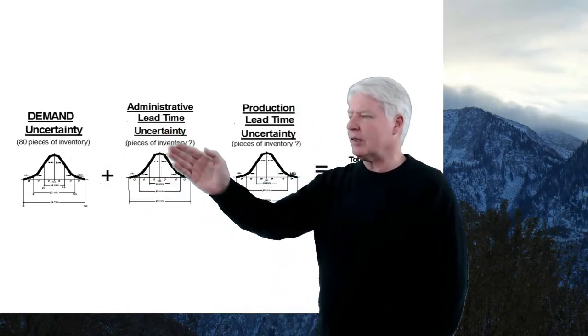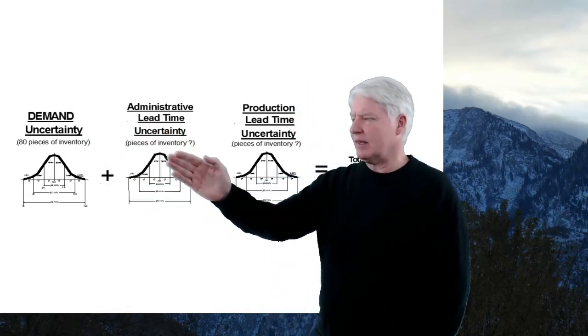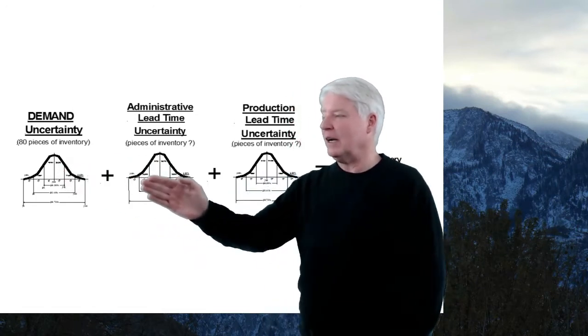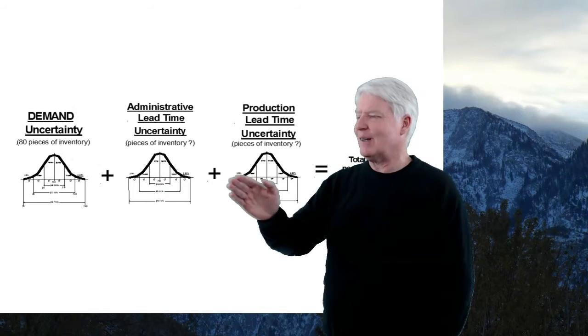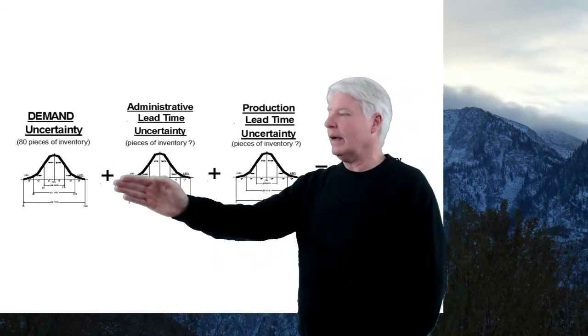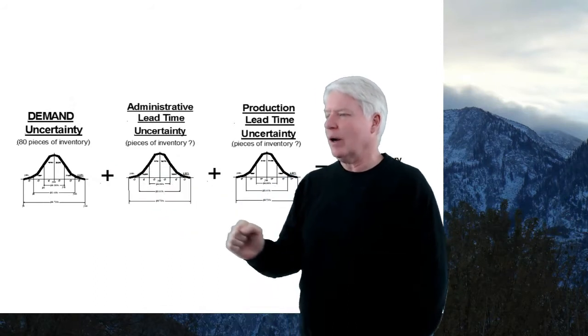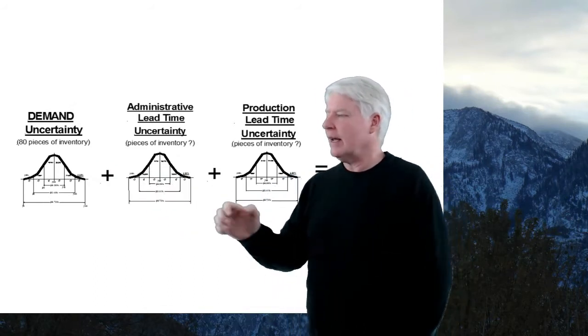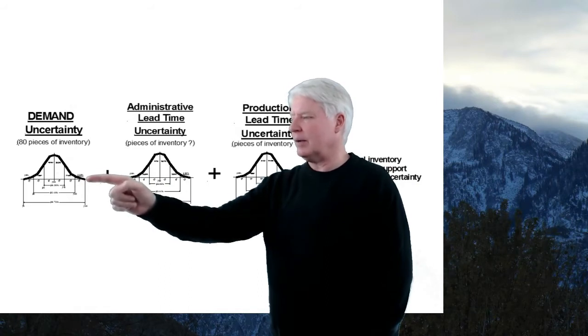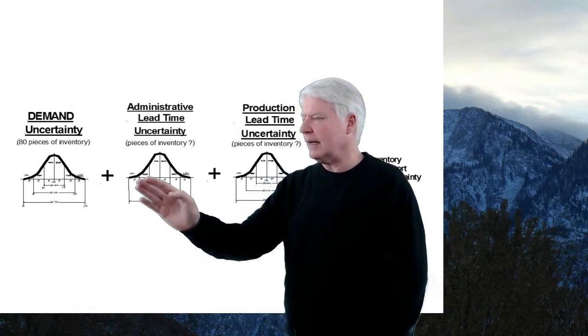But what about administrative lead time? How many pieces? The difference is over here we were working with the number of parts. Over here we're working with time. So it's a little bit different. But remember, for every day we wanted to have what? 20. That's what I'm going to assume anyway, that every day I need safety stock of 20 to maintain my 2.28%. So keep that in mind, 20 a day.